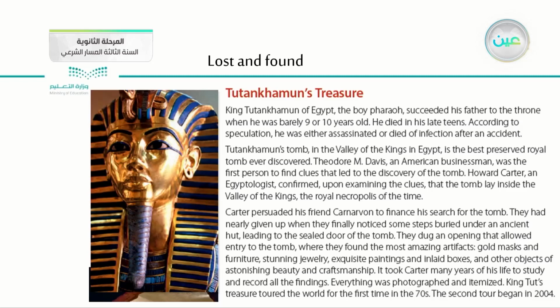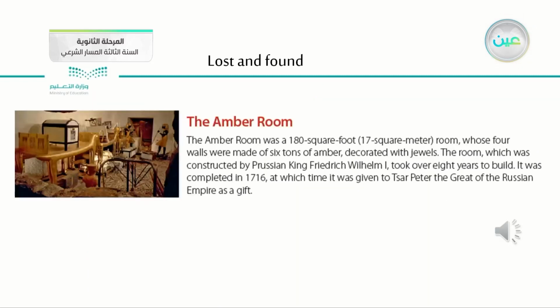They found something very important in that tomb: astonishing beauty and craftsmanship. It took Carter many years of his life to study and record all the findings. Everything was photographed and itemized, and this is about Tutankhamun's treasure. We'll listen now to the Amber Room.